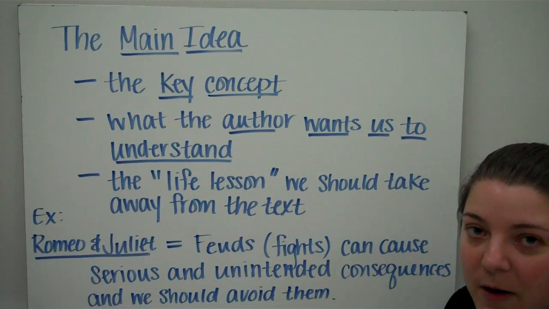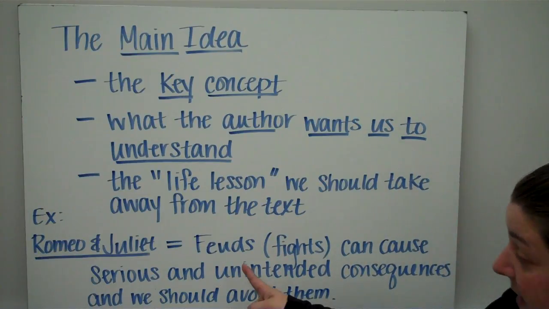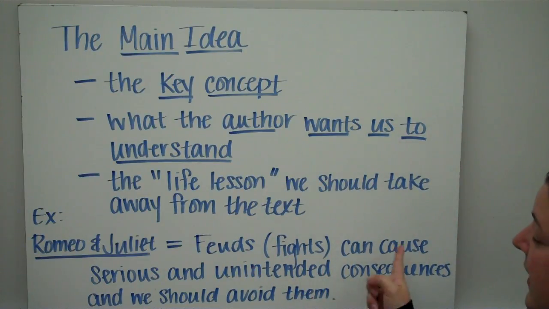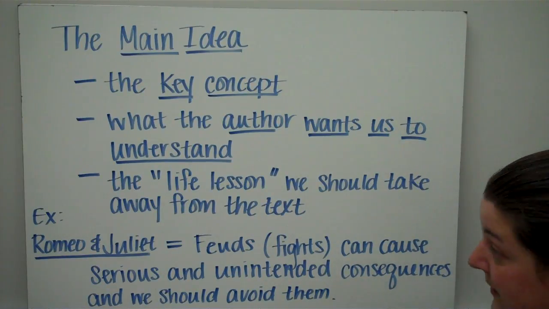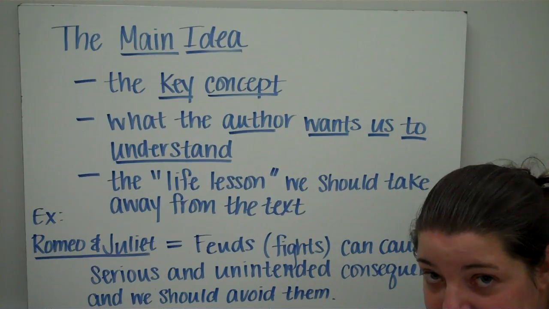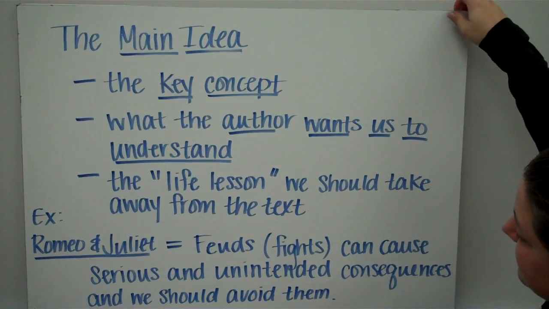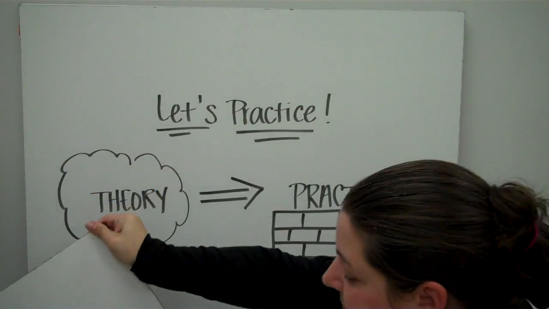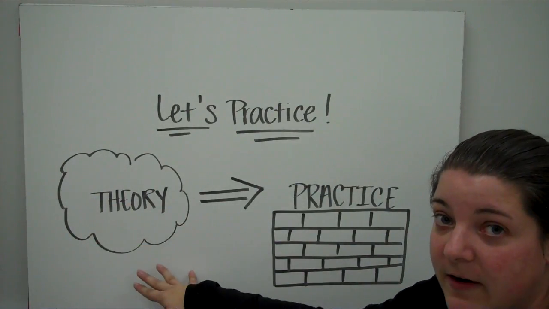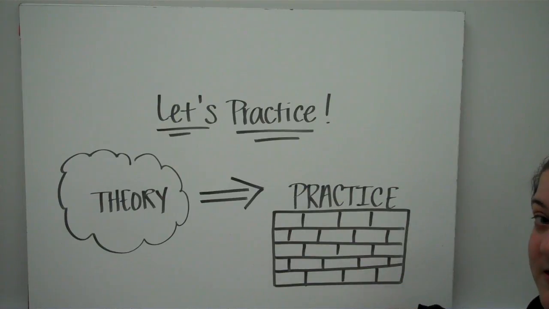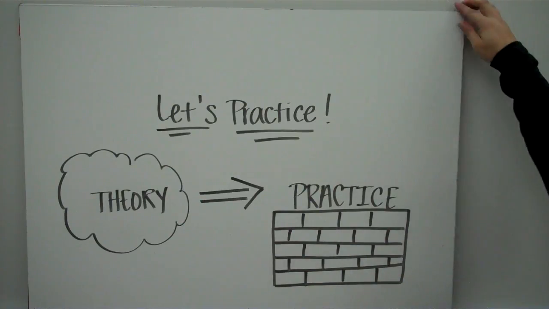So the example for Romeo and Juliet would be that feuds, fights, can cause serious and unintended consequences, and therefore we should avoid them. That's a little bit different than the topic, isn't it? So, let's practice. Let's take this very nebulous theory and make it into something that's solid in practice.